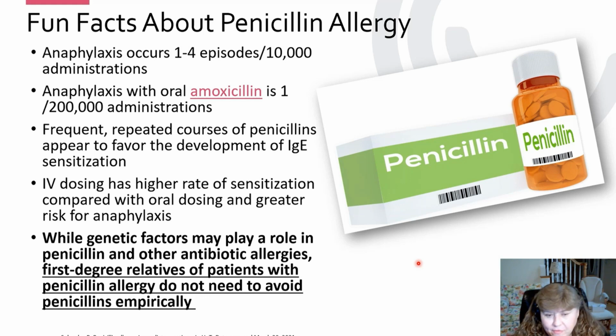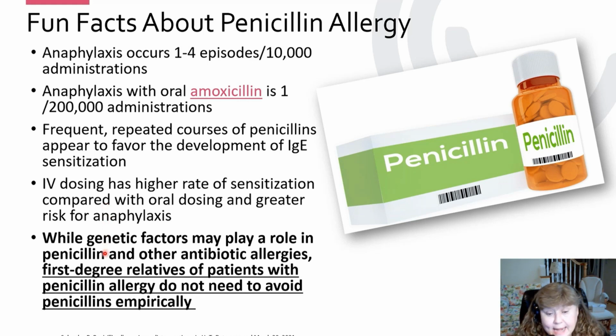We know that frequent, repeated courses of penicillin seem to favor the development of IgE sensitization, and as I mentioned, IV dosing has a higher rate of sensitization than oral dosing and a greater risk for anaphylaxis.